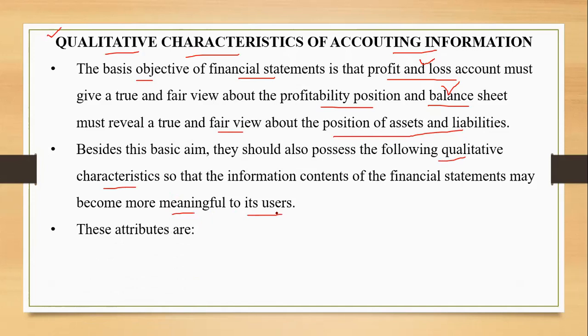What are the attributes? What are the characteristics that the accounting information should possess? Number one is reliability. The accounting information will be reliable only when it is free from the personal biasness of the owner.